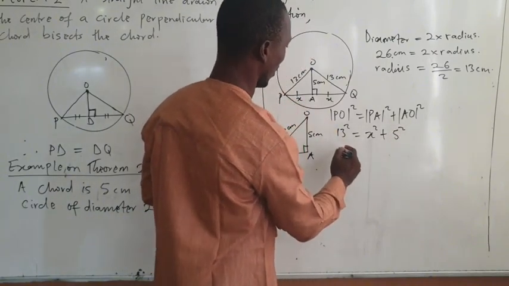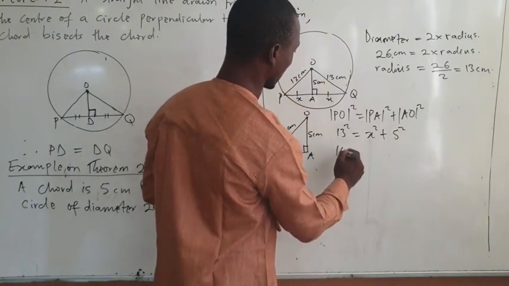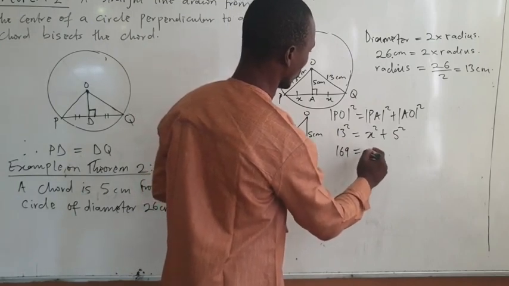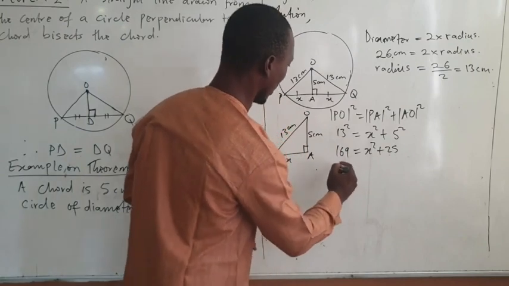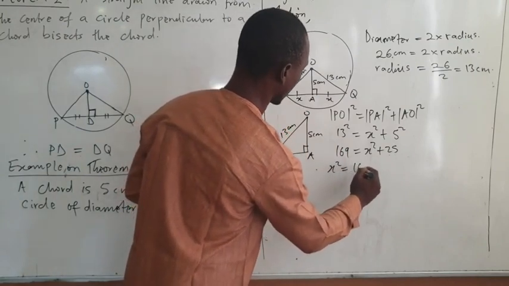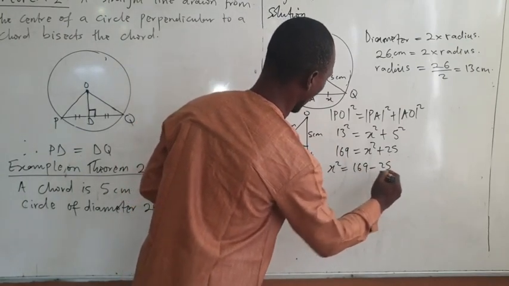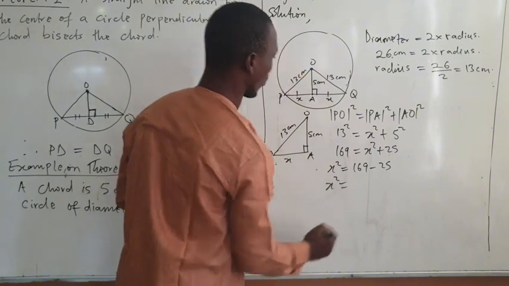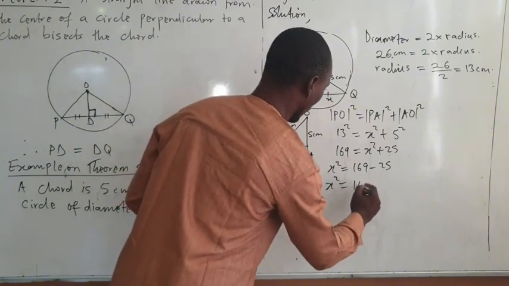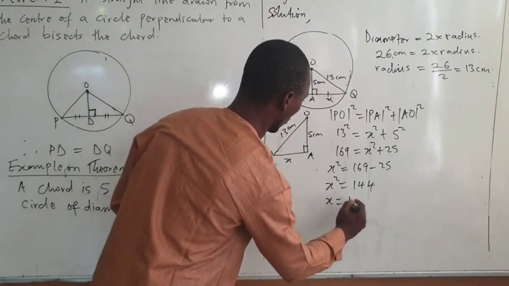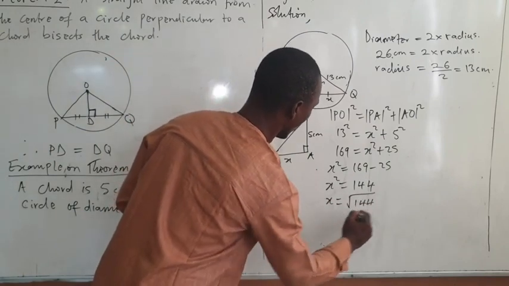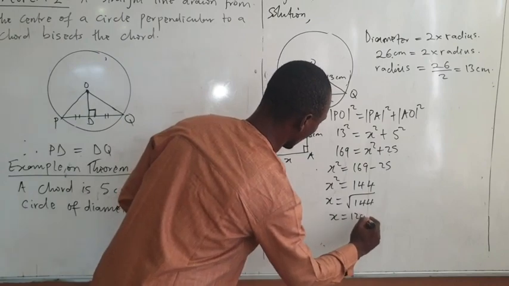Then we have 13 squared, that's 169, equals X squared plus 25. Then X squared equals 169 minus 25, so X squared equals 144. So X will now be the square root of 144. X is equal to 12 centimeters.